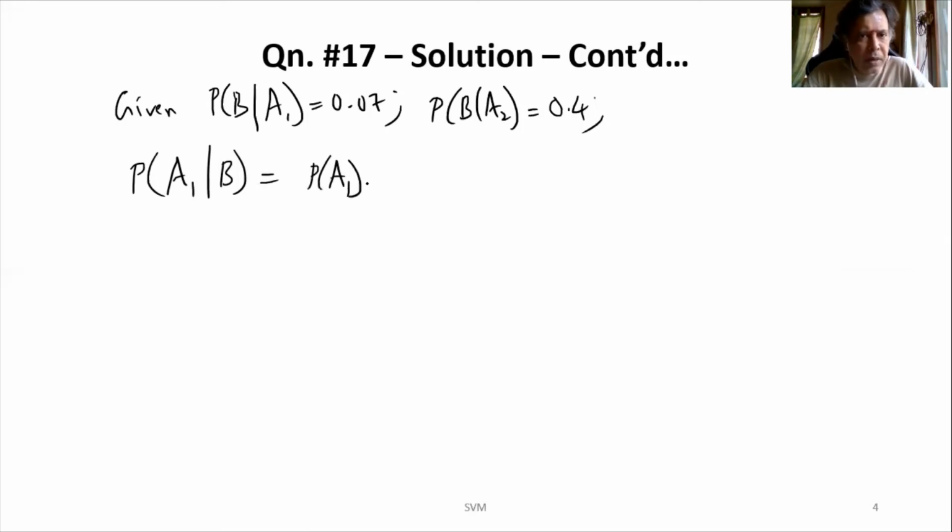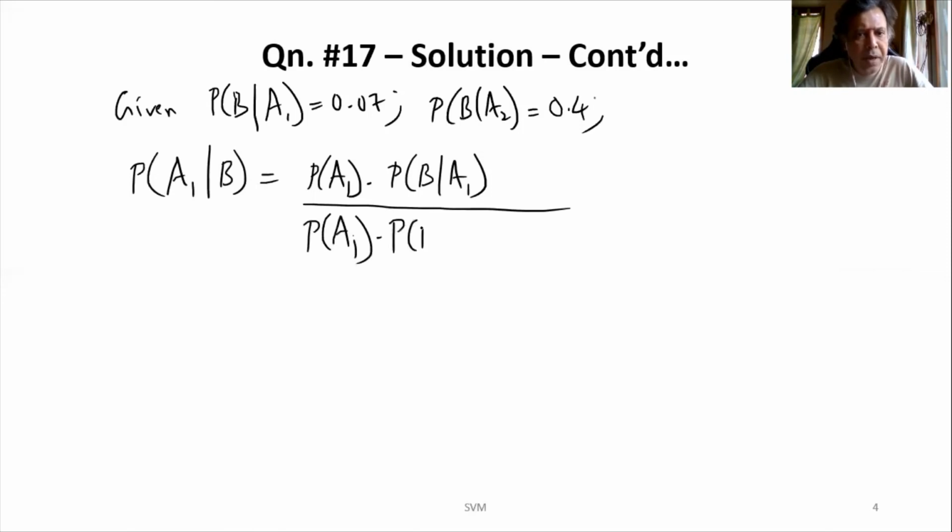Probability of A1 multiplied by probability of B given A1. Denominator: probability of A1 multiplied by probability of B given A1, plus the other possibility, probability of A2 multiplied by probability of B given A2.